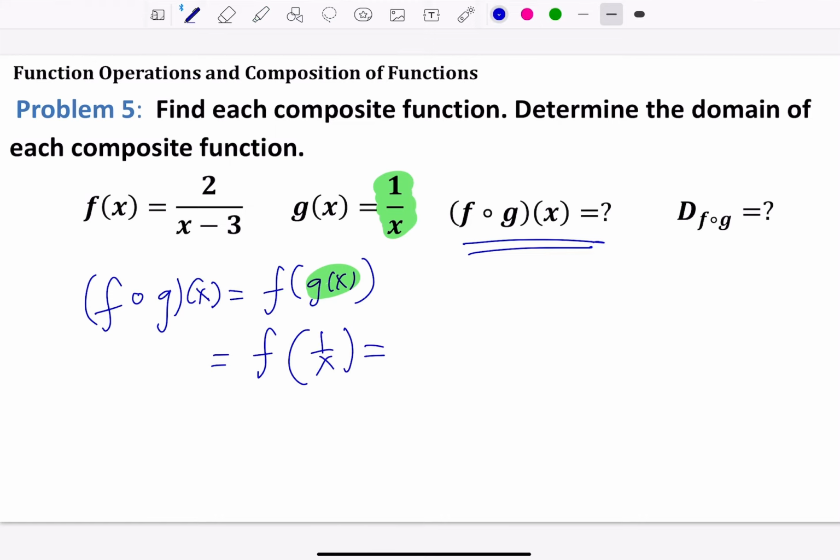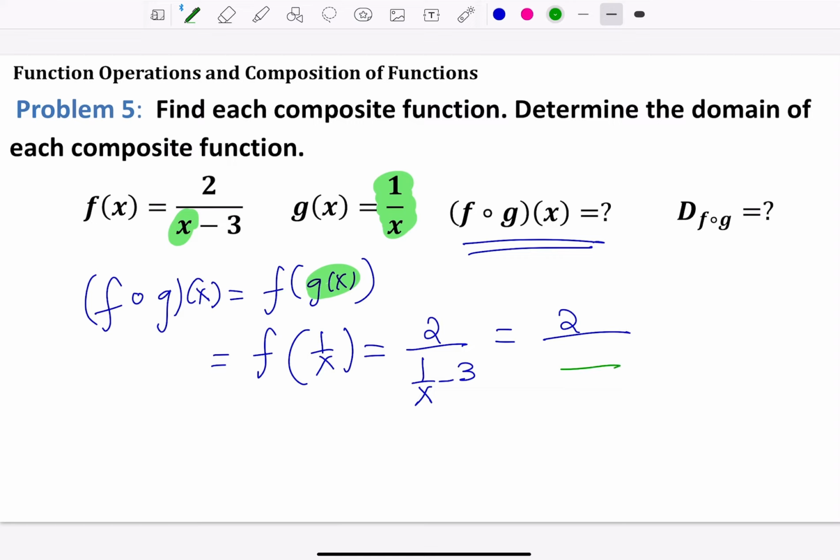Now, what does the f function do to any input that goes inside? It makes it 2 over that input minus 3. Let's simplify it.